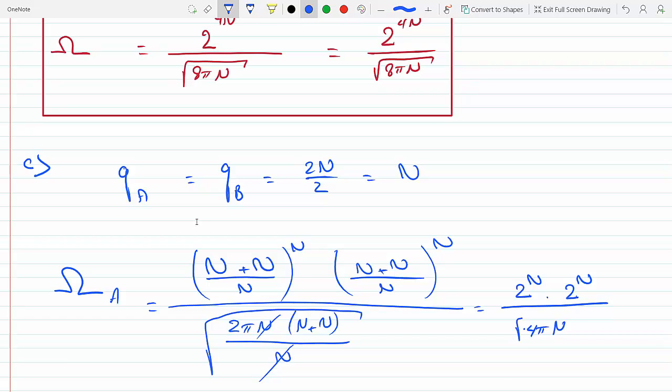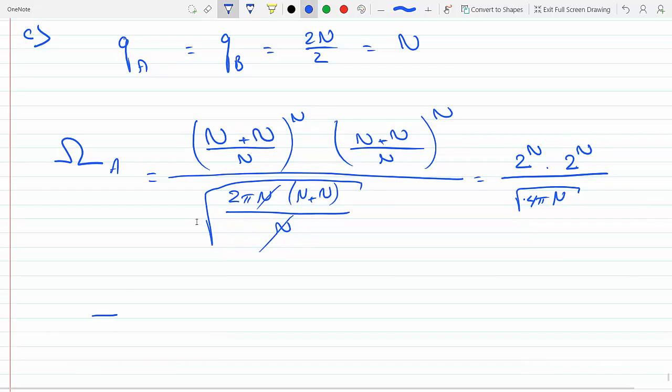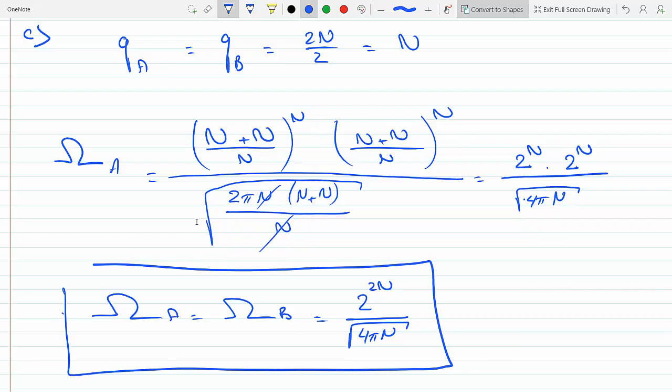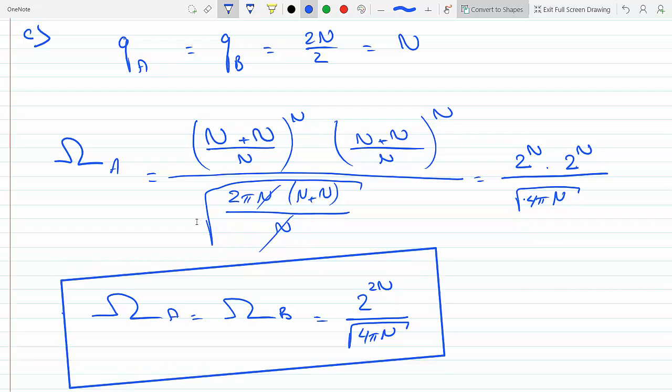So, again, both solids are equal: 2 to the 2n divided by the square root of 4 pi n. So this is the most probable macrostate for solid A and for solid B.